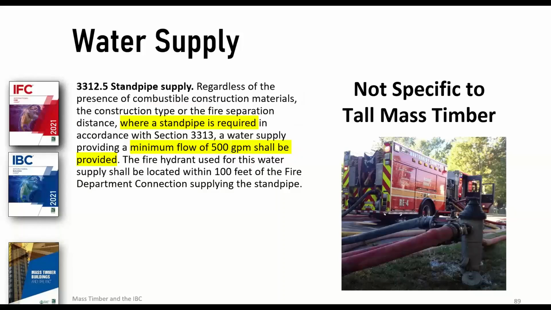So I had said that the current base code provided little guidance with respect to water supply during construction. This simply says where a standpipe is required, a minimum flow of 500 gallons a minute shall be provided.